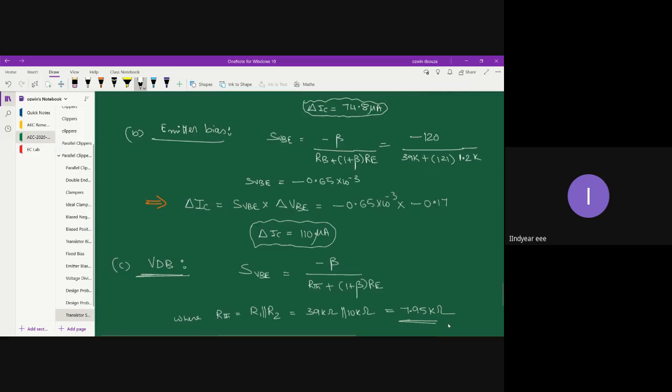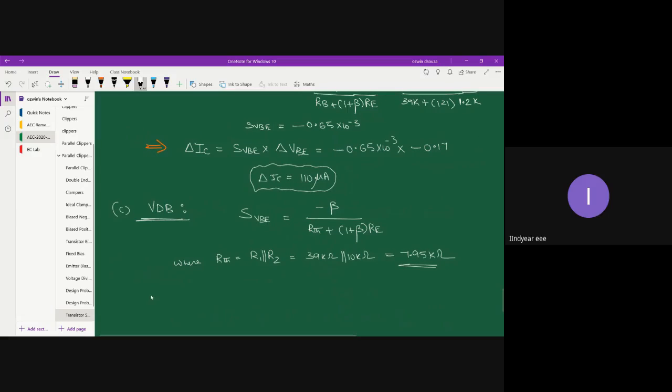Please check my calculations. So your SVB becomes minus 120 divided by 7.95 kilo plus 121 times 1 kilo. So SVB will be minus 0.93 milli, or I would write 10 to the power minus 3.